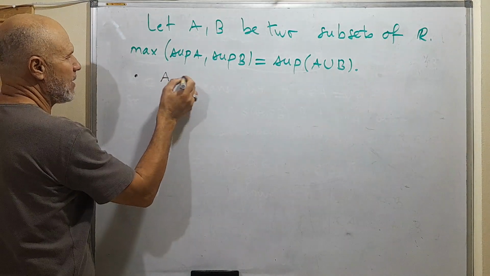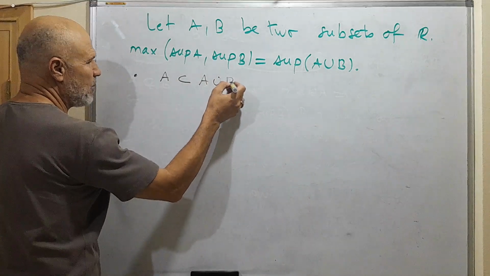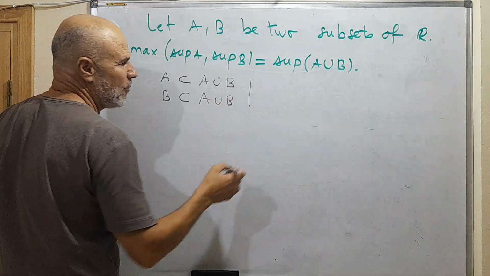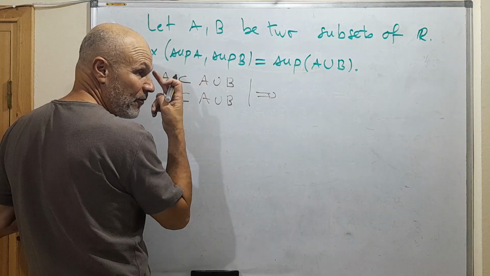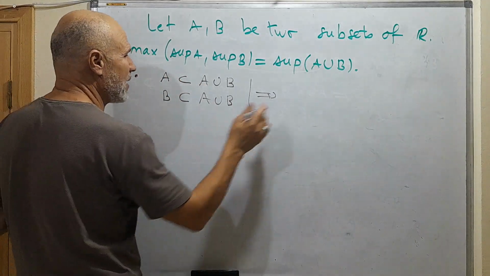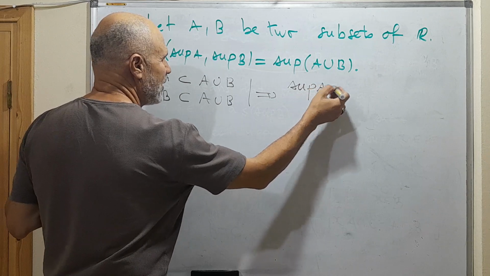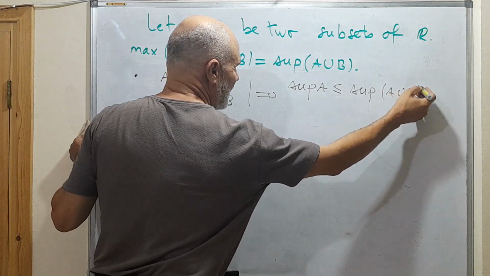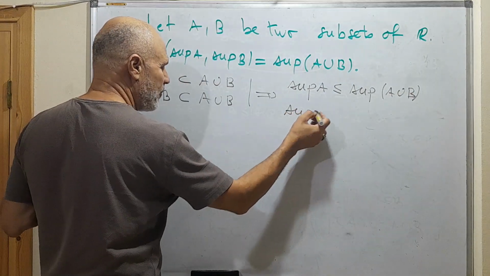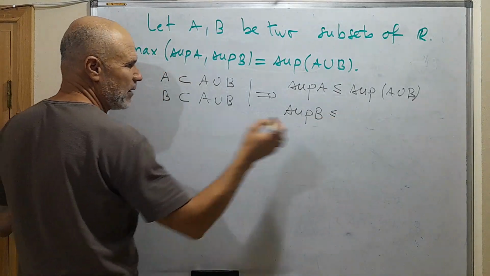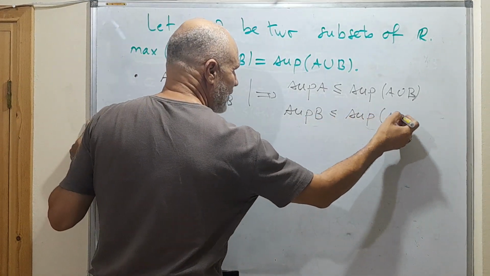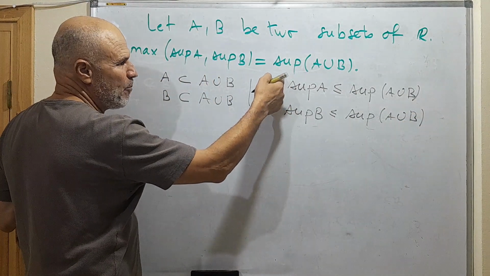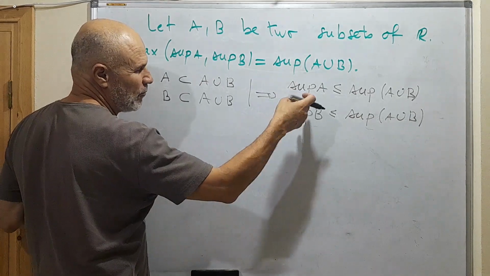We have A is included in A union B, and B is included in A union B. So, using the previous result, this gives us that the supremum of A is less than or equal to the supremum of A union B, and the supremum of B is less than or equal to the supremum of A union B. We take the maximum on both sides of the two inequalities.